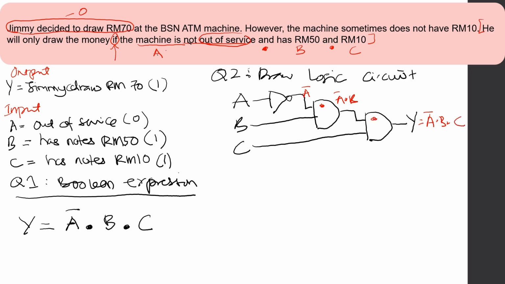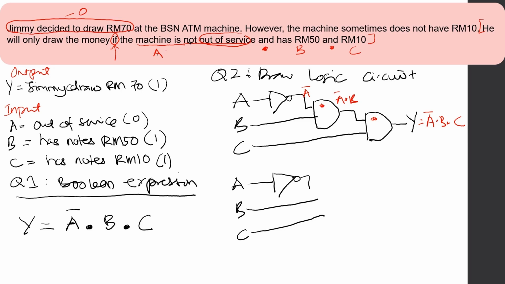The other way to draw the logic circuit is by simplifying both AND gates into a 3-input AND gate. How we draw it is the same process: A, B, C. Then I have A not, and then B, and then C. Now I'm not going to use 2 AND gates, I'm going to use 1 AND gate with 3 inputs.